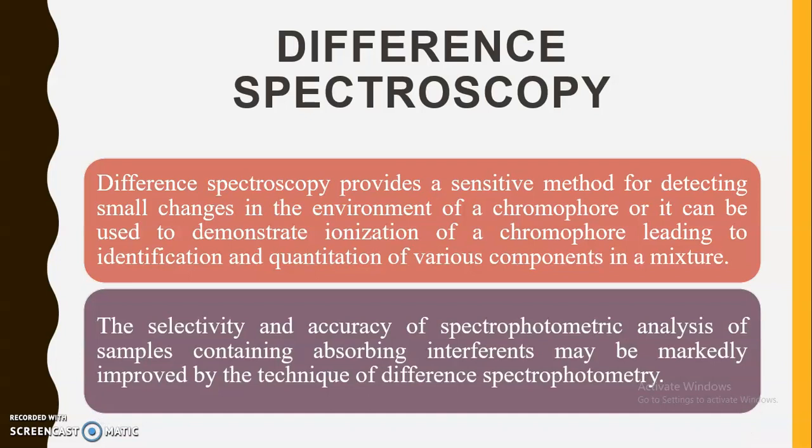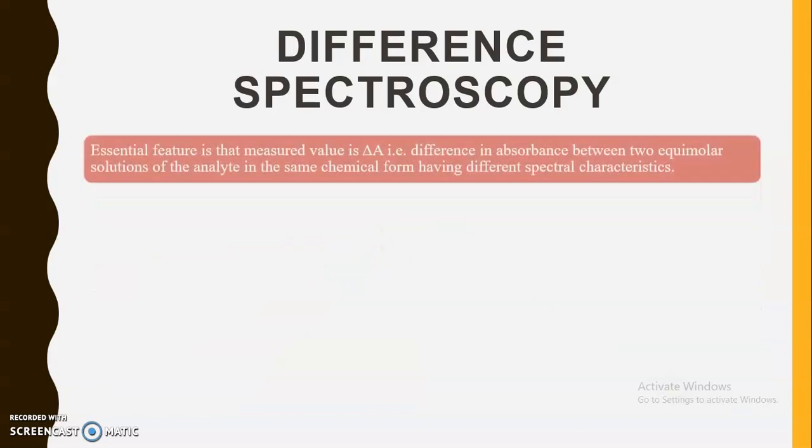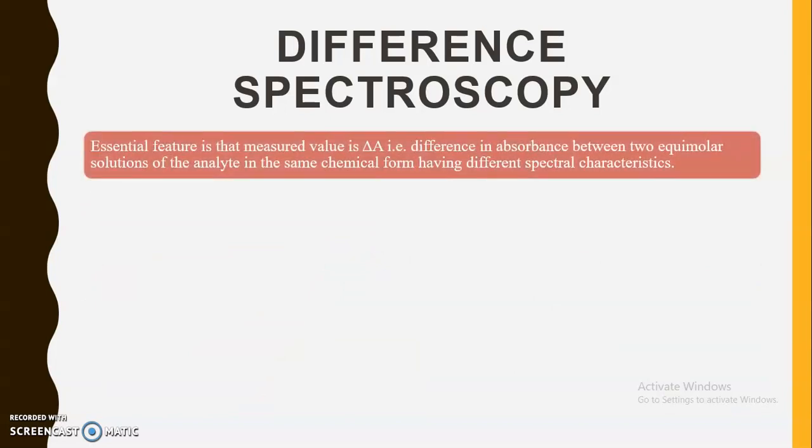The selectivity and accuracy of spectrophotometric analysis of samples containing absorbing interference may be markedly improved by the technique of difference spectroscopy. The essential feature is that the measured value, that is the delta A, is the difference in absorbance between two equimolar solutions of the analyte in the same chemical form having different spectral characteristics.